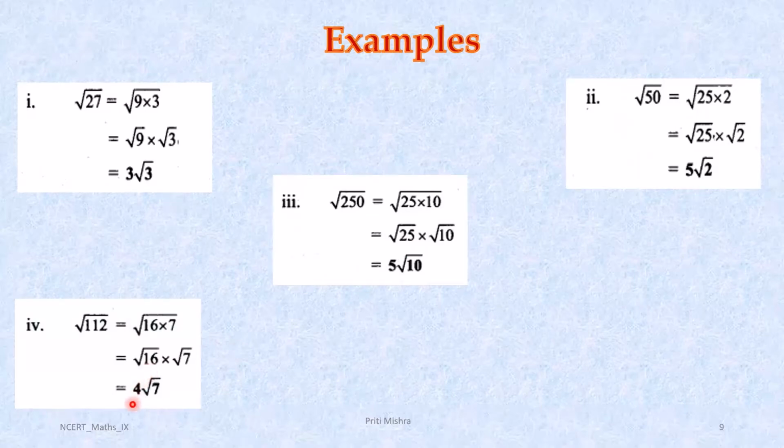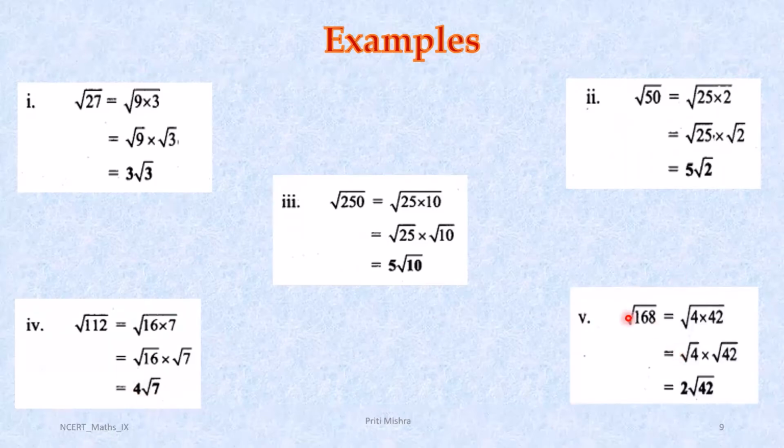Square root 16 will give us 4 and square root 7 will stay as it is, an irrational number. So the answer is 4 square root 7. Another example is square root 168. So this can be written as square root 4 into 42.